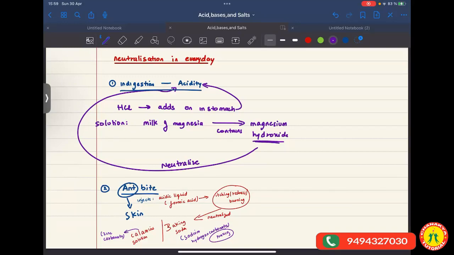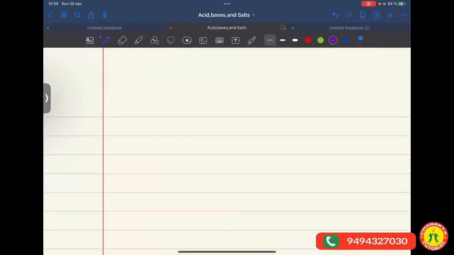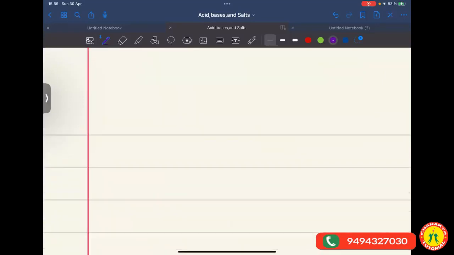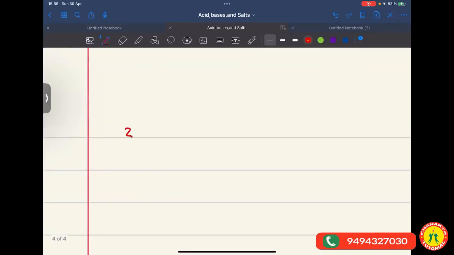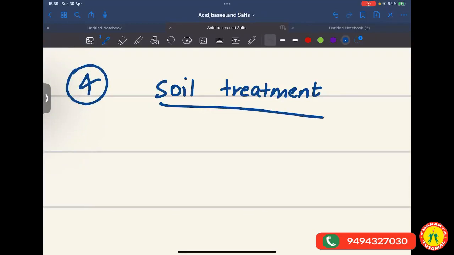So another situation of neutralization is in soil treatment. You need a proper soil acidity level in order for it to be treated.